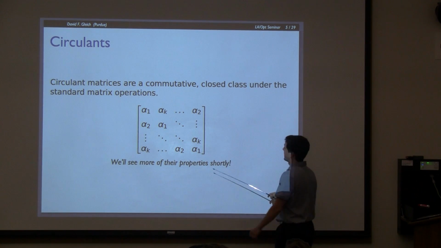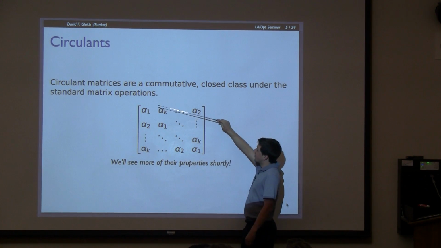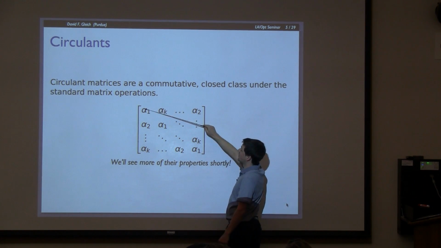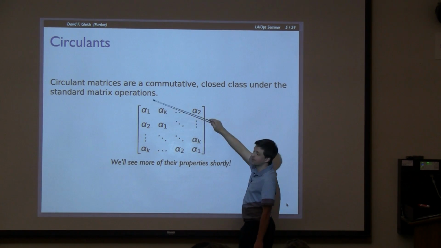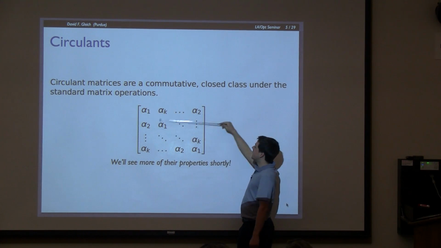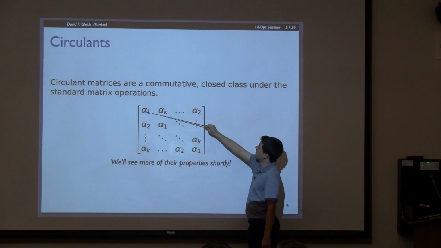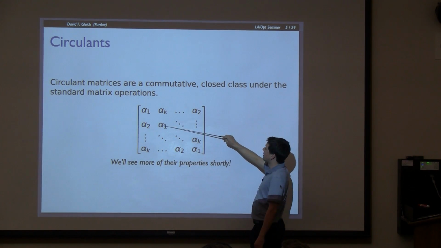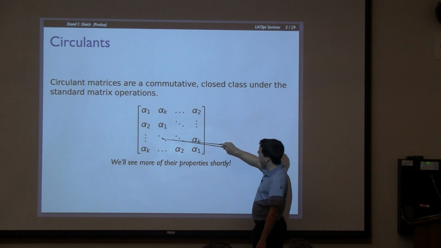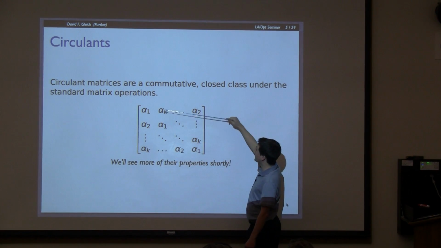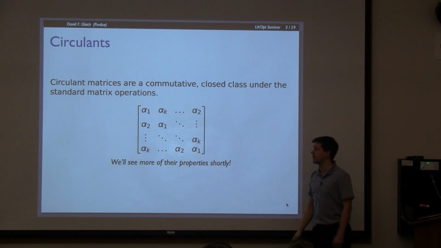How are they defined? The structural definition is we have k numbers. We take those k numbers, string them all out along the first column of the matrix, and then we cycle them in the next column. So A1 moves from the 1,1 position down to the 2,2. Then we're going to get A2 down here. Then we're going to get all the way down to A_{k-1} here. And then A_k cycles around the top.